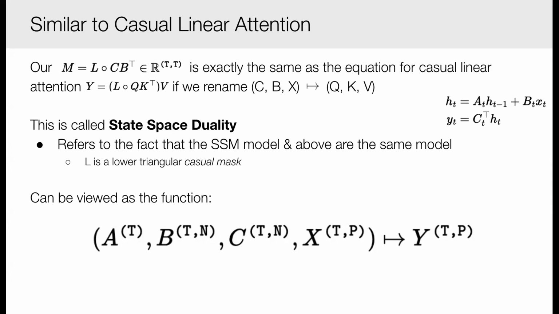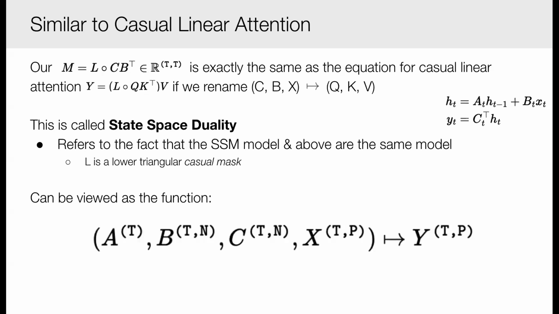This is called state space duality in the sense that you can view it either as a matrix multiplication or as an SSM. What people do in practice is train it in the matrix multiplication way, and then use it in the SSM way.